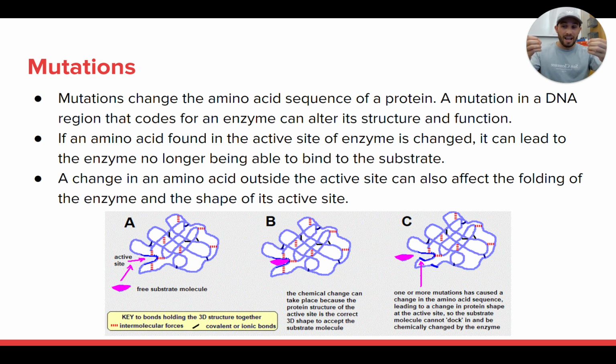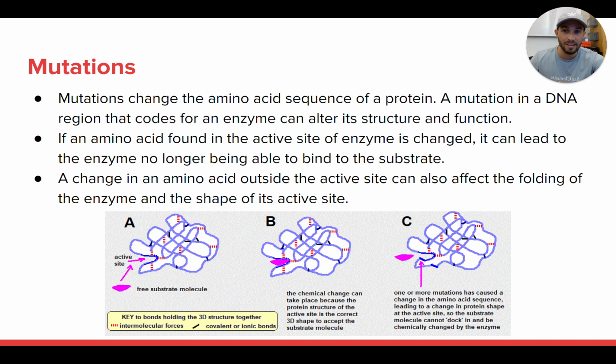And so now that polypeptide, this enzyme, because some of those amino acids are wrong, is going to fold maybe not the same. And if it folds differently, especially in a way that affects its active site and the ability of that active site to bind to the substrate, that's definitely going to affect the activity of this enzyme.